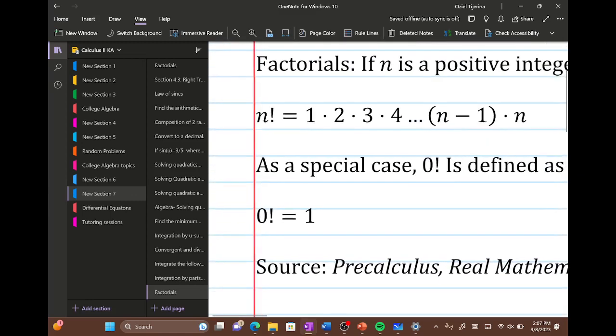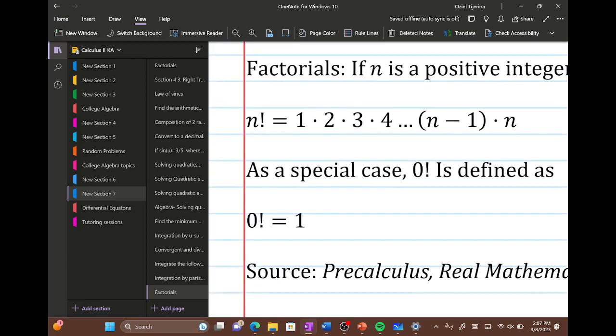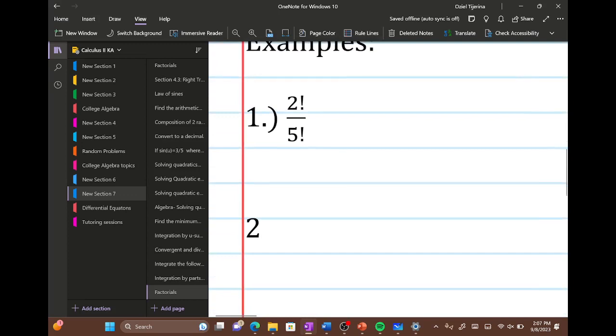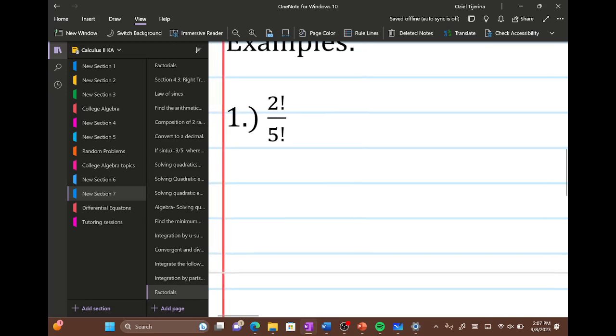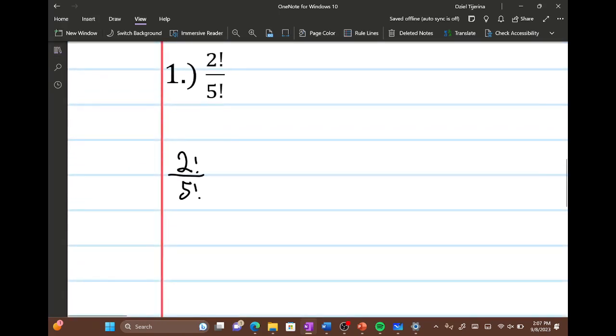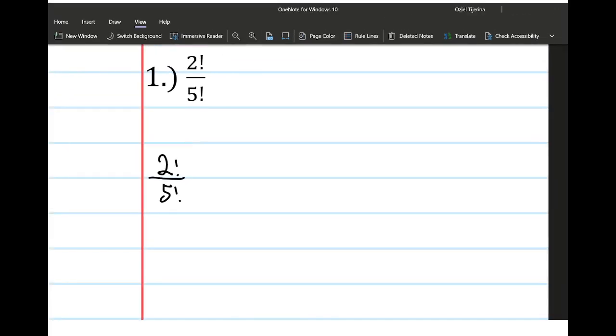If I, for example, want to simplify 2 factorial over 5 factorial, it's going to be the following.